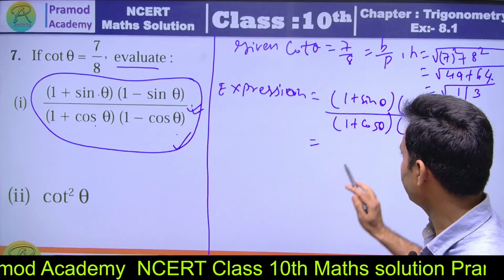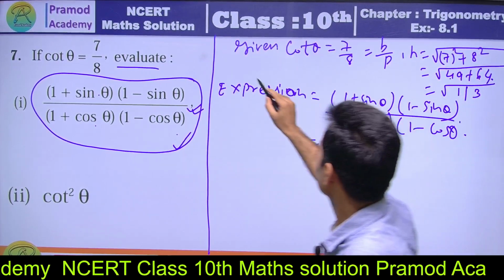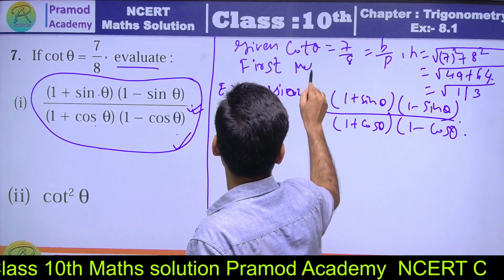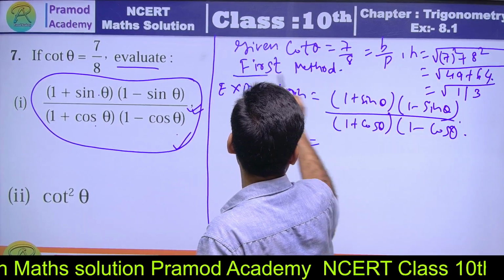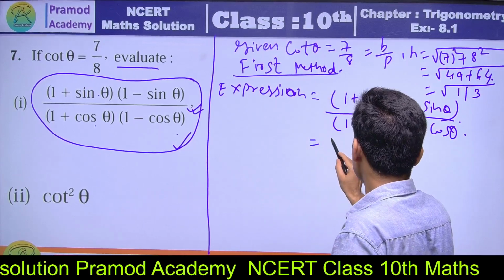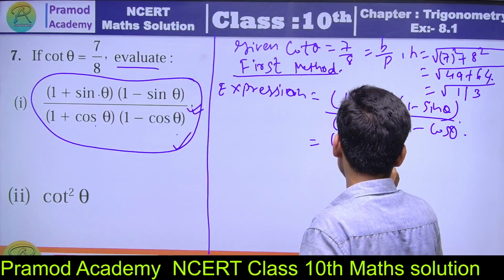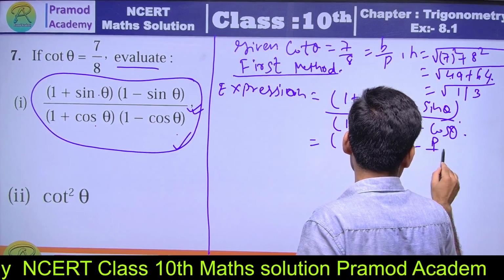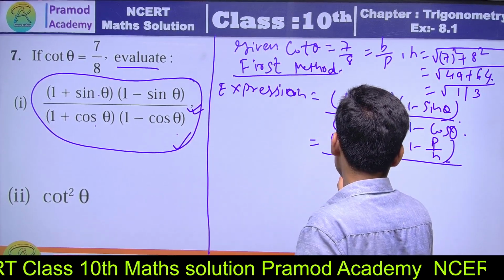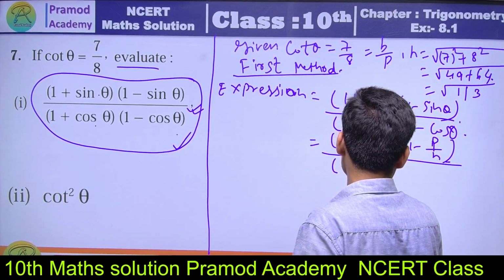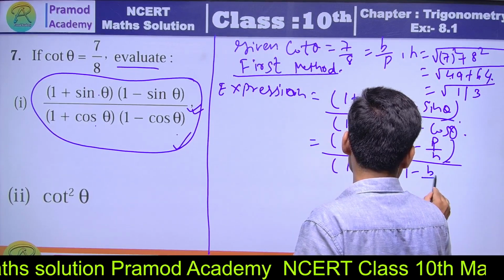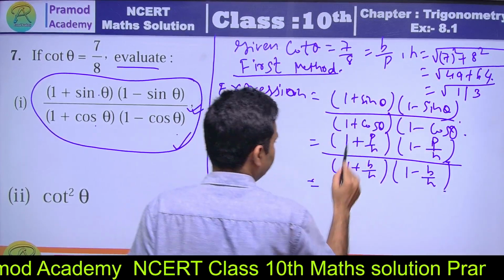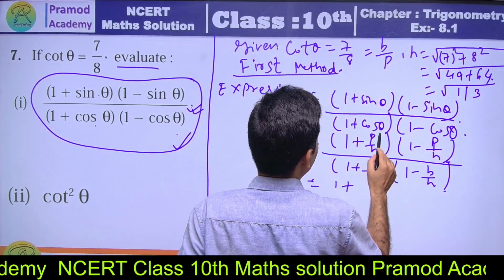So I will solve this problem with two methods. First method, I will directly put the values of sin theta and cos theta. So here 1 plus sin theta, the formula of sin theta is P by H, and 1 minus P by H, and 1 plus B by H, 1 minus B by H. So here 1 plus, what is the value of P?